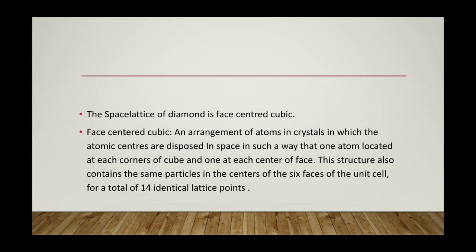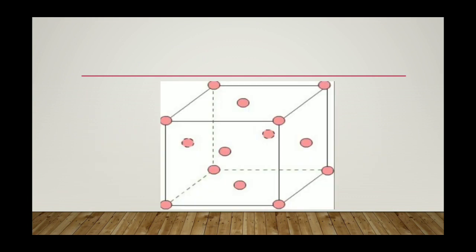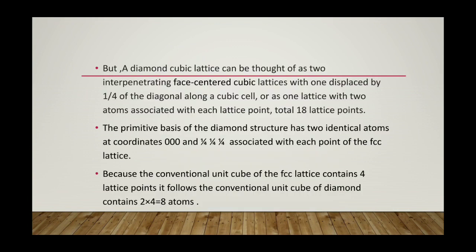This structure also contains the same particles in the centers of the 6 faces of the unit cell, for a total of 14 identical lattice points. One atom is located at each of the 8 corners and 6 at the faces, so 14 lattice points in total.